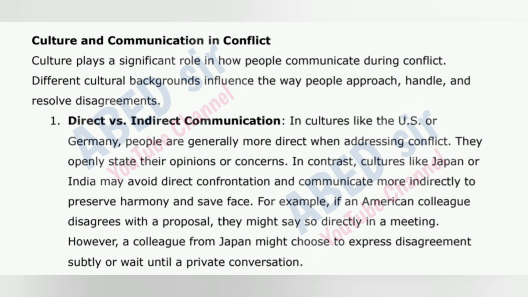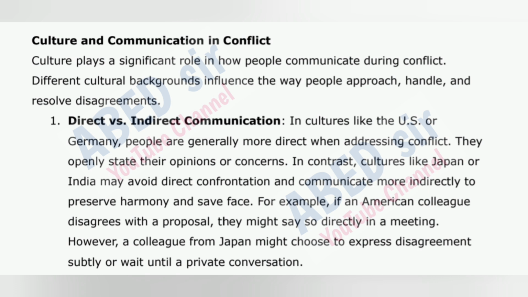1. Direct versus indirect communication. In cultures like the US or Germany, people are generally more direct when addressing conflict. They openly state their opinions or concerns. In contrast, cultures like Japan or India may avoid direct confrontation and communicate more indirectly to preserve harmony and save face.